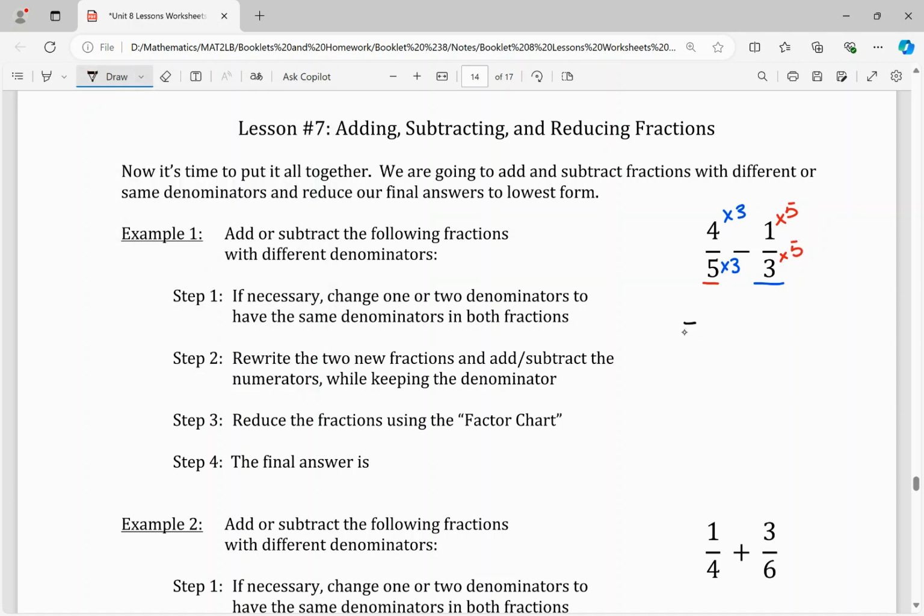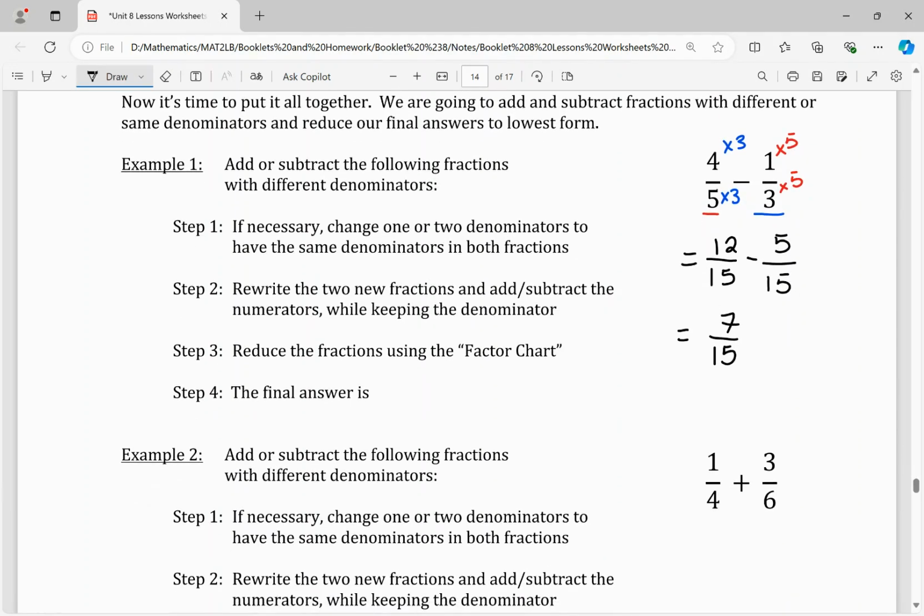So that is going to equal 4 times 3 is 12, over 5 times 3 is 15, minus 1 times 5 is 5, over 3 times 5 is 15. Good. So now that they have a common denominator, we're going to subtract 12 and 5. Right? 12 minus 5 gives us 7, so this is 7 over 15.